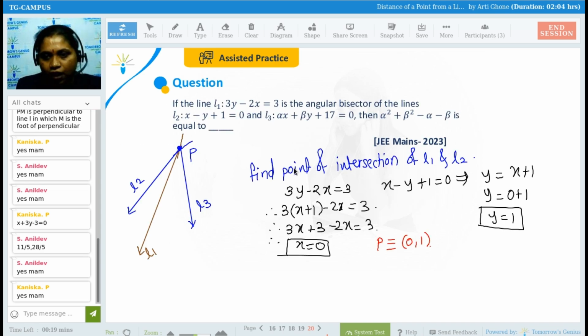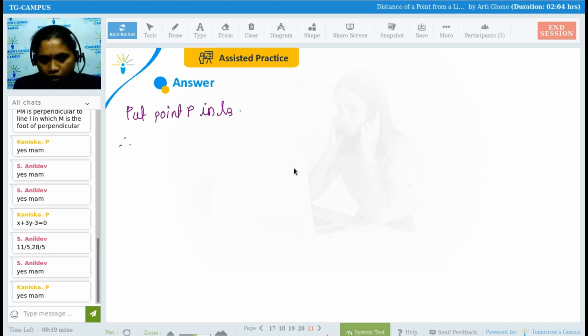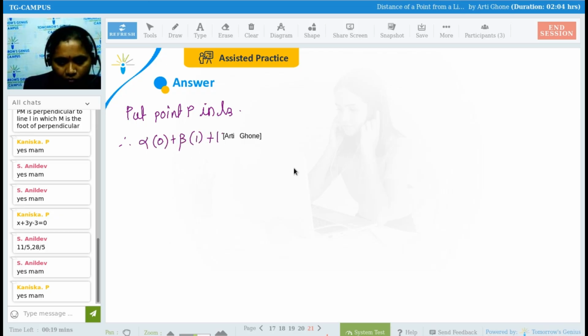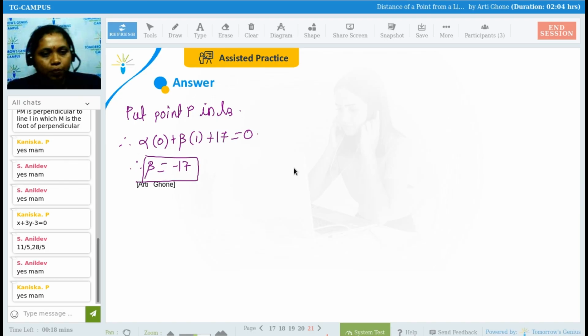Alpha into 0 is 0, plus beta into y, so beta plus 17 is equal to 0. Clear? Beta is equal to minus 17.